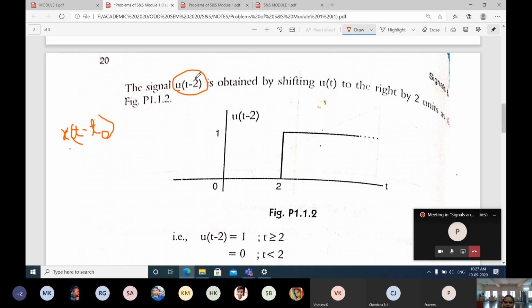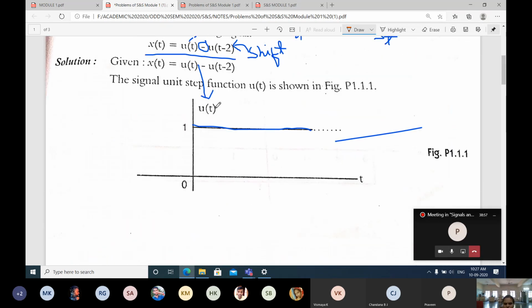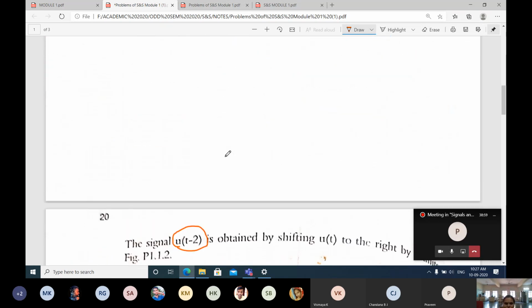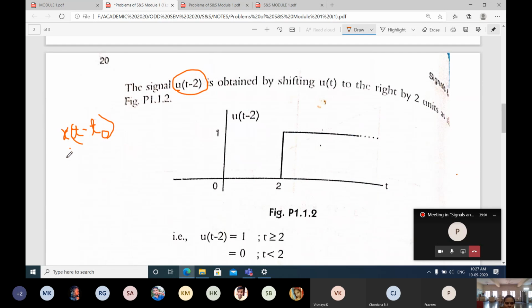We just want u of t minus 2, so I wrote only this. We know our u of t function. Again, I will draw it here. It is a straight line. This is our u of t function.